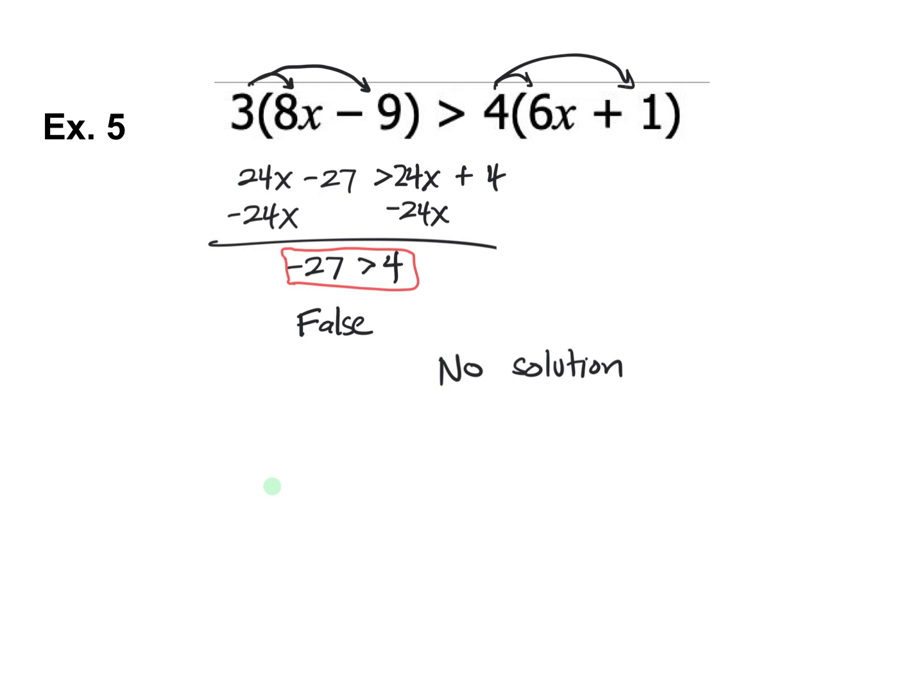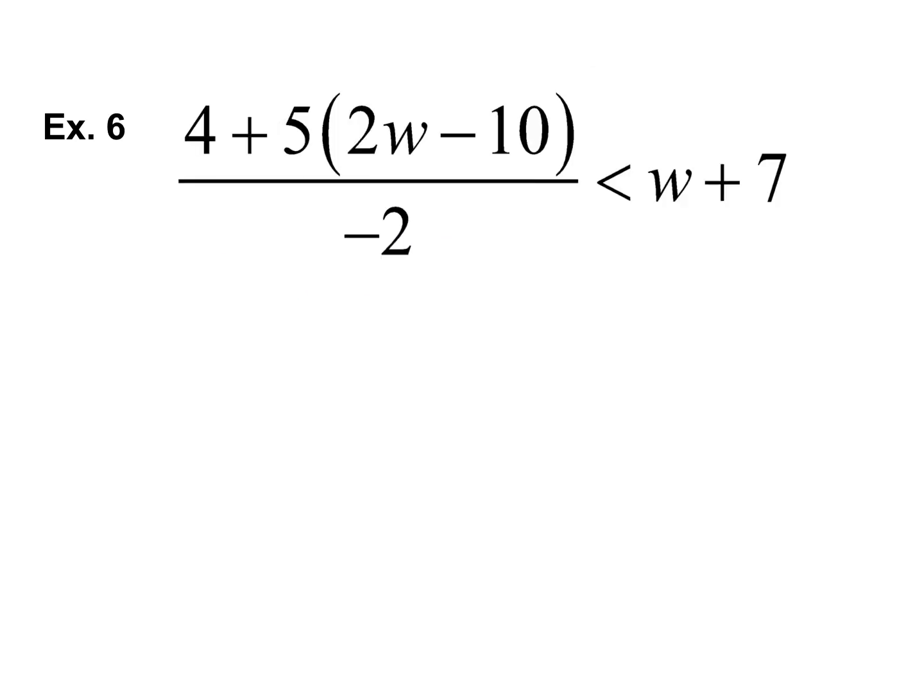All right, let's go on to example 6. Example 6, same thing as example 4, we want to get rid of the fractions. So I'm going to multiply the left hand side by negative 2 and the right hand side by negative 2. On the left hand side, the negative 2's cancel out.